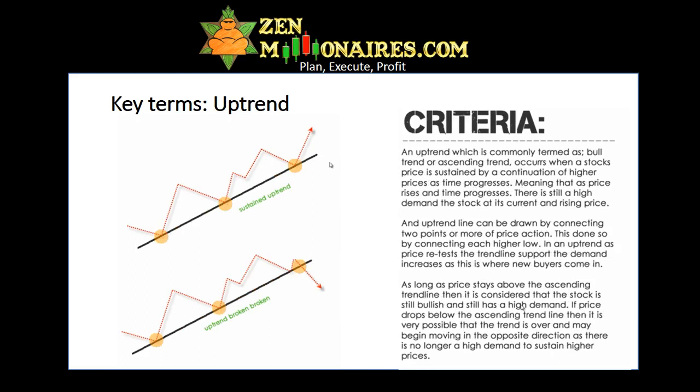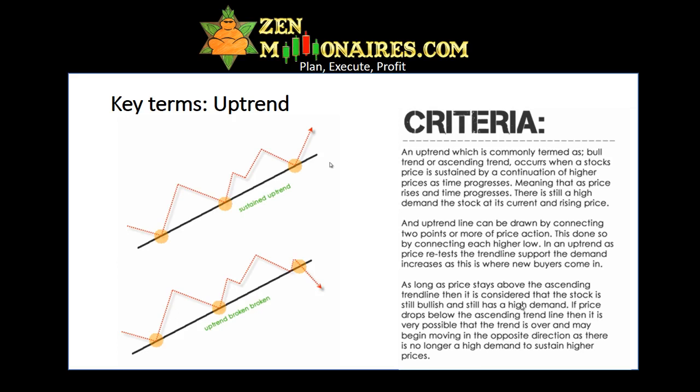Uptrend, which is the next key term, it's a sustained uptrend, and that's what we want to look for. Not a broken trend, as you see in the bottom. An uptrend, which is commonly termed a bull trend, is an ascending trend. It occurs when the stock price is sustained by continuation of a higher price as time progresses, meaning that the price rises as time progresses.